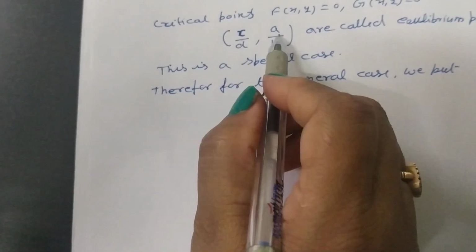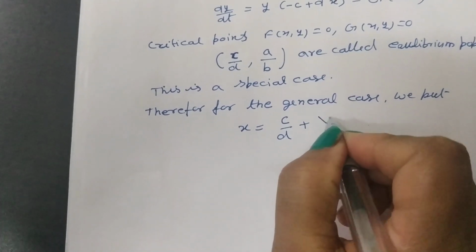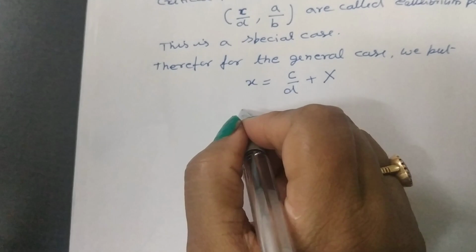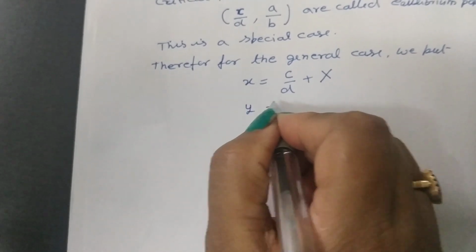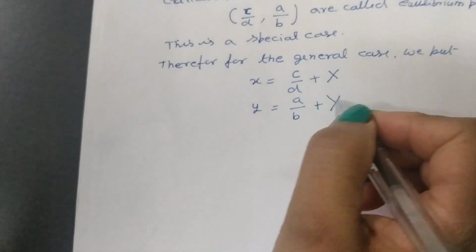Here x is this one, y is this one. And similarly y is equal to a by b plus capital Y.